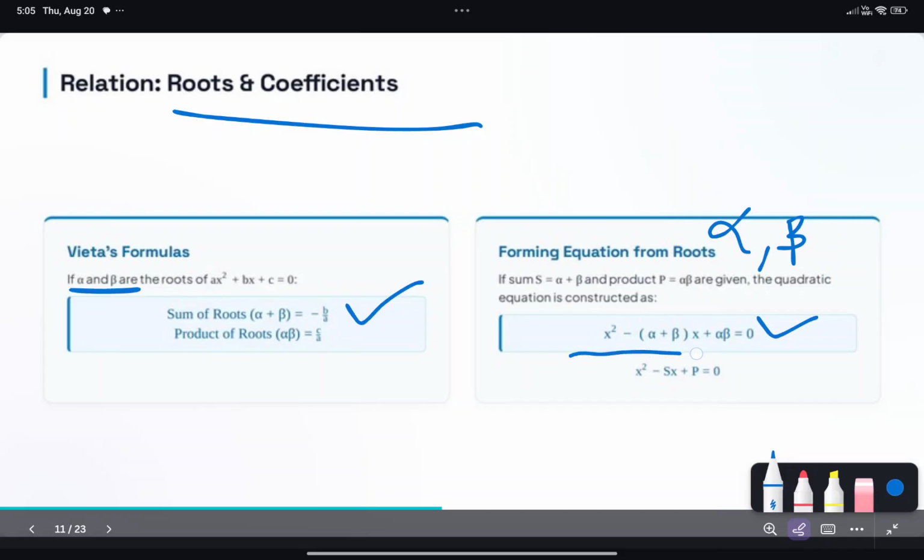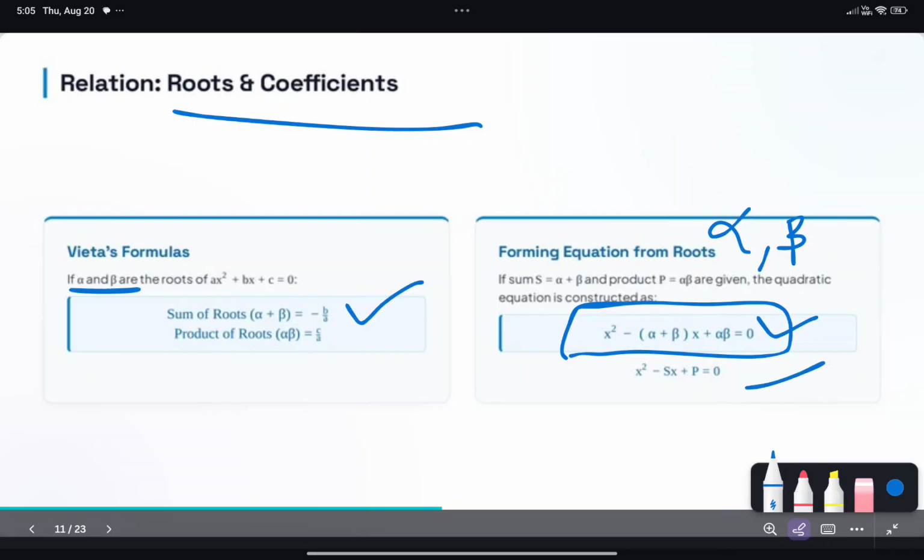We can substitute these values: x square minus (alpha plus beta) into x plus alpha beta is equal to 0. That way we get the quadratic equation. S means the sum alpha plus beta, and P means the product alpha beta.